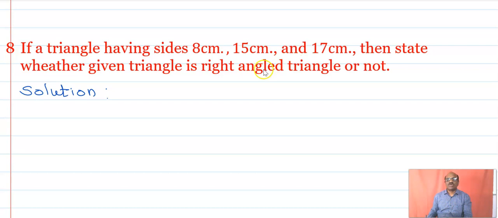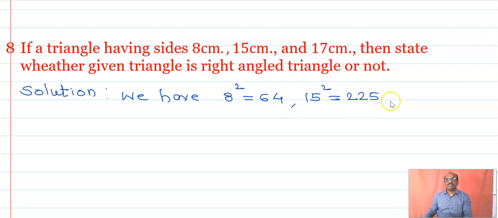Okay. What are the smallest sides? That is 8 and 15. Therefore, we have 8 square, that is 64, 15 square, that is equal to 225, and 17 square, that is equal to 289.